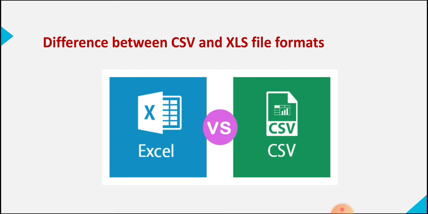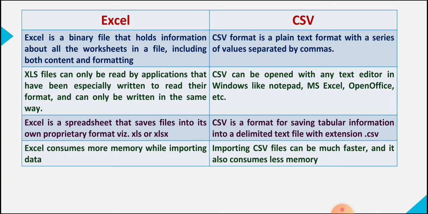Now you can see the difference between CSV files and the XLS file format. XLS means Excel file. We know Microsoft Excel is used for calculation. Now you can see the difference between Excel and CSV files. Excel is a binary file that holds information about all the worksheets in a file, including both content and formatting.